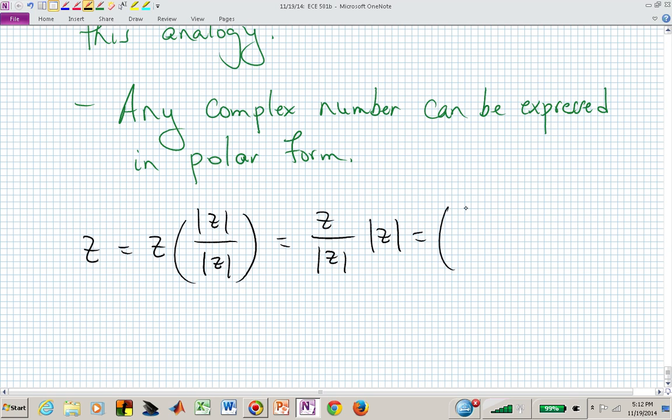Another way of writing the absolute value of z is to take the square root of z with its conjugate. Or let me do it the other way around, because that will be consistent with what we're doing with our operators. Where is z divided by its magnitude relative to someplace in the complex plane?